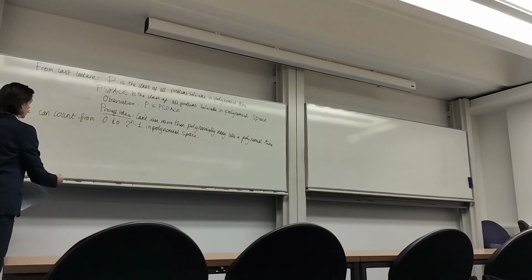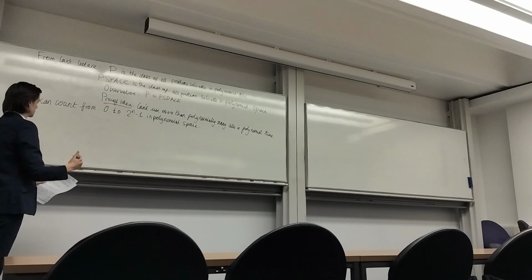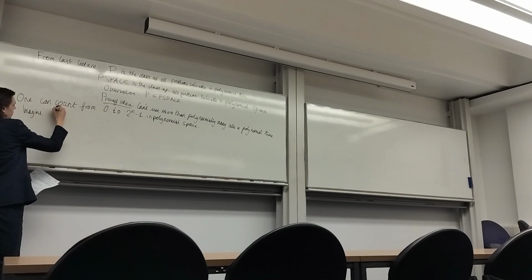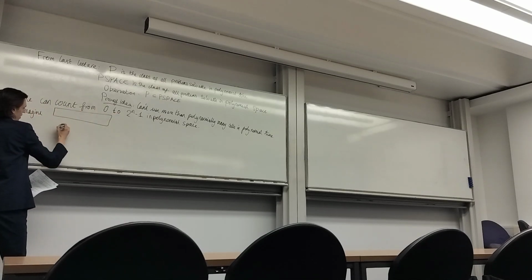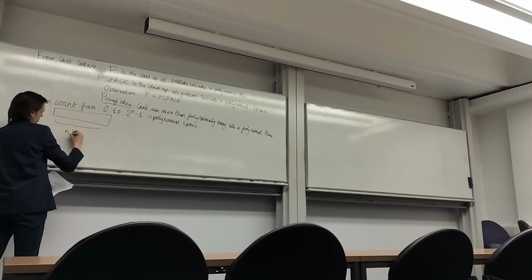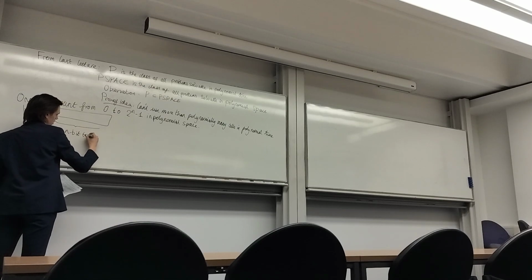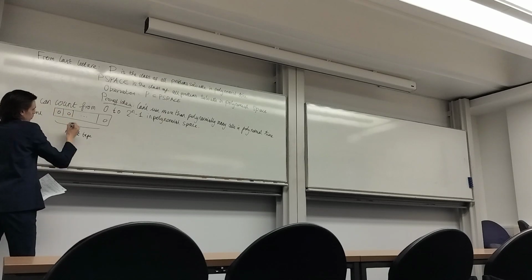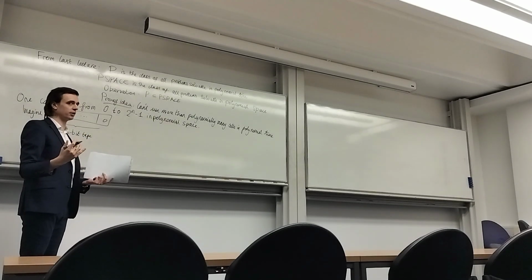So how does one do this? It's exactly what you would expect. Imagine you have an n-bit tape. If you start with the tape with all zeros, then you just do the usual binary increment procedure.